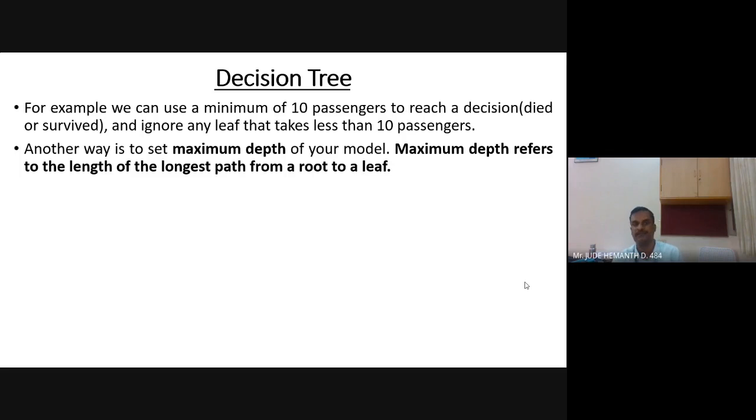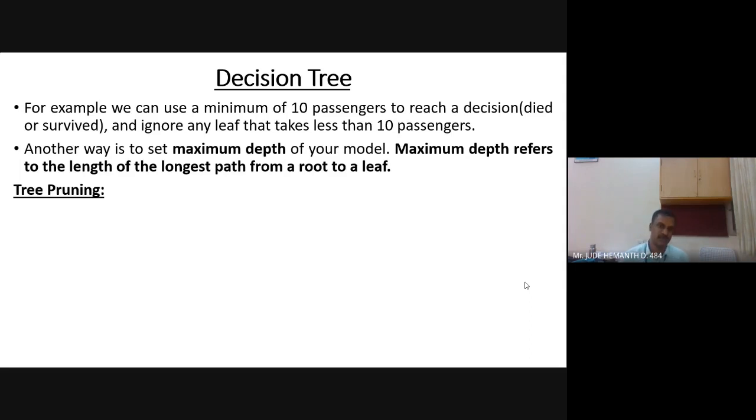The possibility of a homogeneous group is very high. The number of leaves can be reduced. Right? Shorter paths: when you have shorter paths, that means each branch will end in a leaf. So you have more leaves. So this point and the previous point are interrelated. Minimum number of leaves or maximum depth from the root to the leaf.